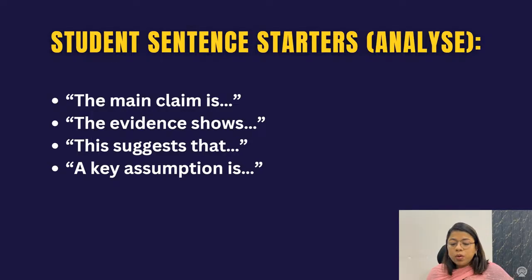I will request all my learners to make a small template bank in your notebooks. Write down these templates that I give you, because these templates will help you frame a better answer, a better response in Global Perspectives.